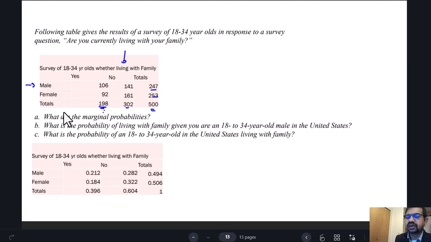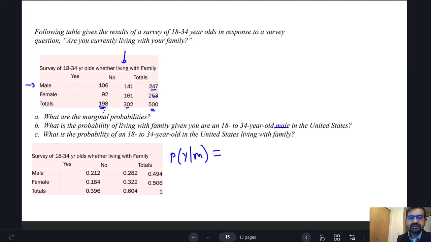So what is the probability of living with family given you are an 18 to 34 year old male? So given male, so here male is our denominator, male is the event that happens first, and then we find the probability given male. So in this case, we will write the required probability as probability of response yes, conditional on male.